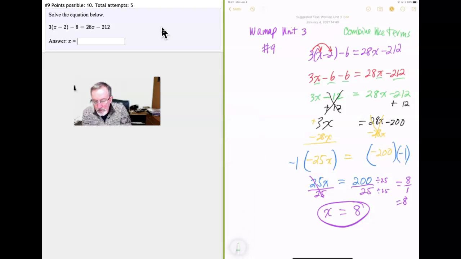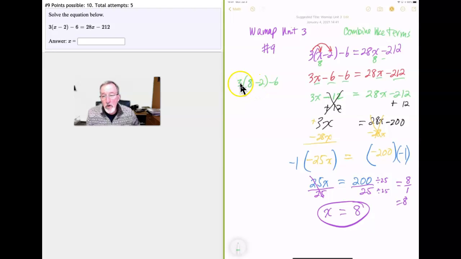So 3 times (8 minus 2) minus 6 is equal to 28 times 8 minus 212. Okay, so according to PEMDAS, now that we have the 8, we've got 3 times (8 minus 2) minus 6. We should do this operation first, right? 8 minus 2 is in the parentheses.